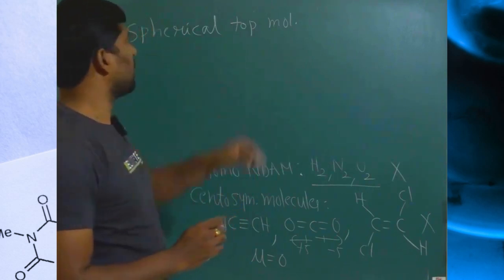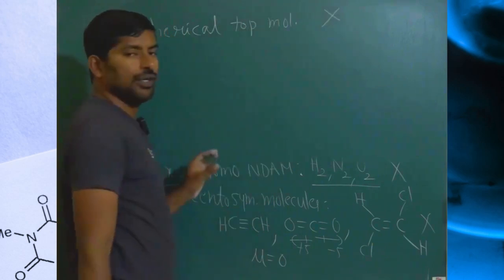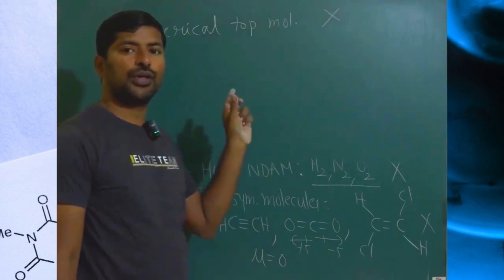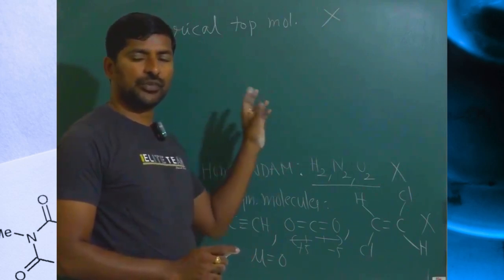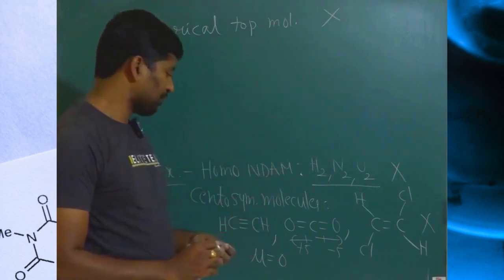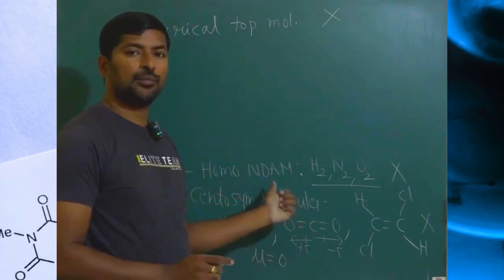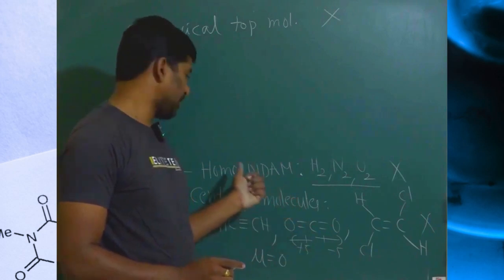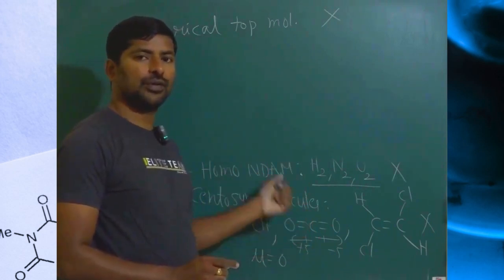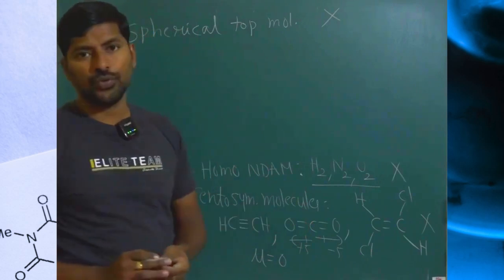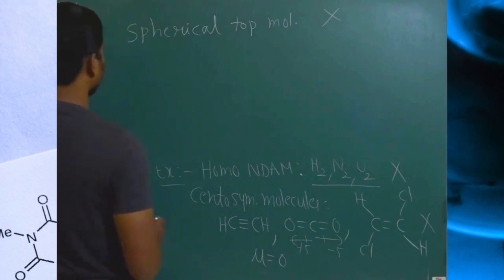So spherical top molecules are also microwave inactive. CH4, CCl4, SF6, UF6 are microwave inactive. So the examples of microwave inactive substances are homonuclear diatomic molecules, centrosymmetric molecules and spherical top molecules.